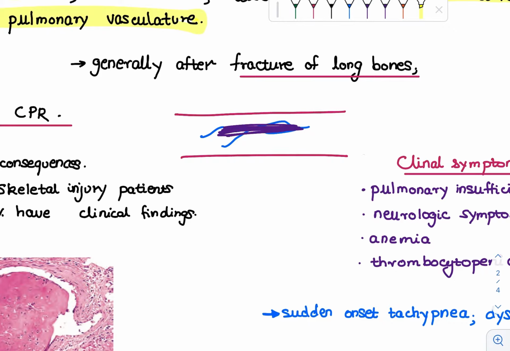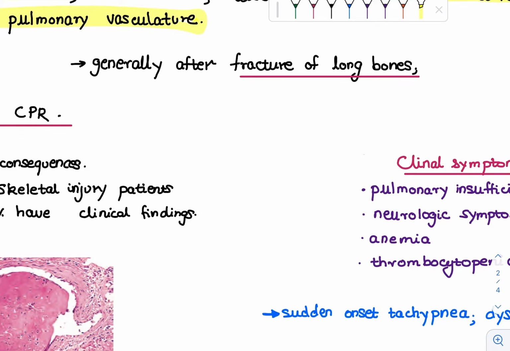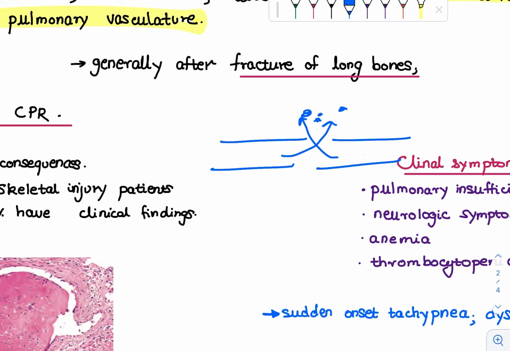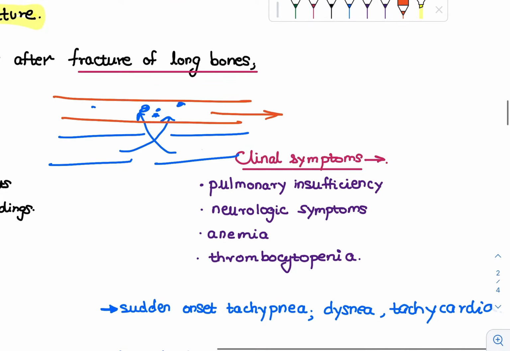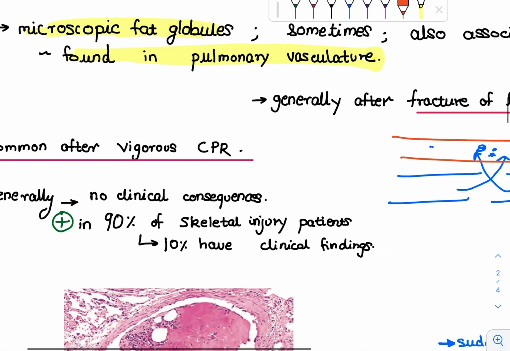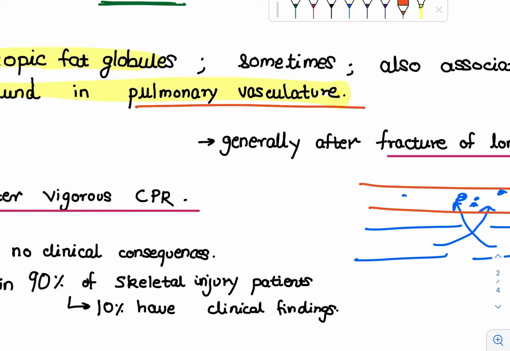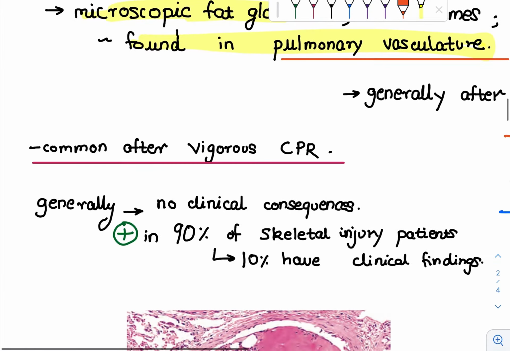So, when this bone gets fractured, all this bone marrow and fat droplets come out in the bloodstream and travel just like in pulmonary embolism and get deposited in the pulmonary vasculature.